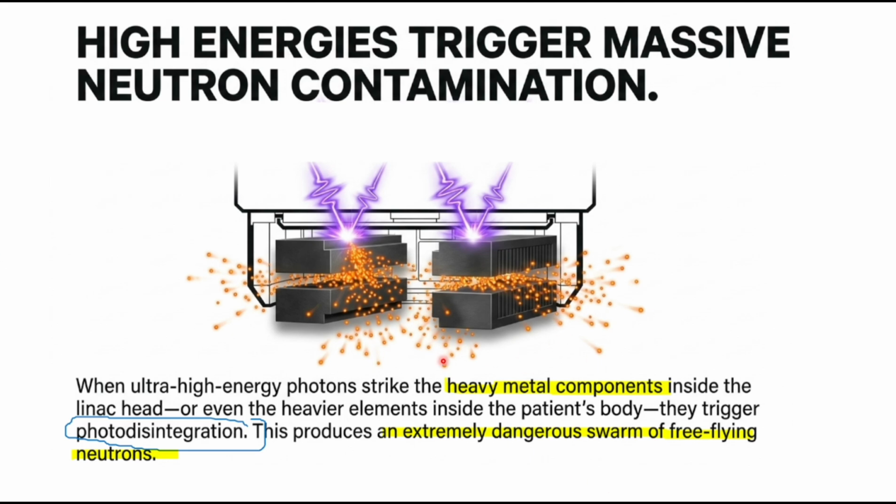And this is not just happening inside the machine. If the patient has heavy elements or metallic implants inside their body, this exact same reaction can happen right in the tissue. These free flying neutrons are highly lethal and they flood your entire treatment room.